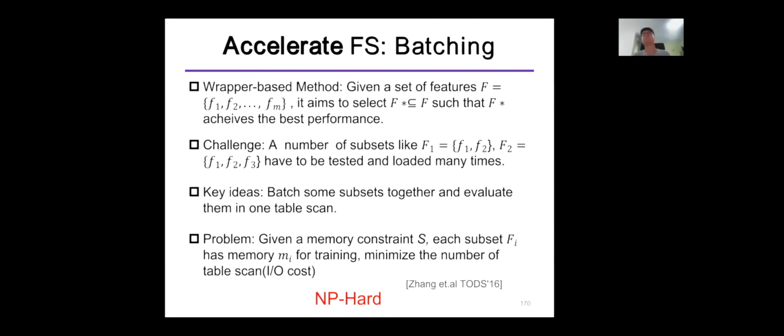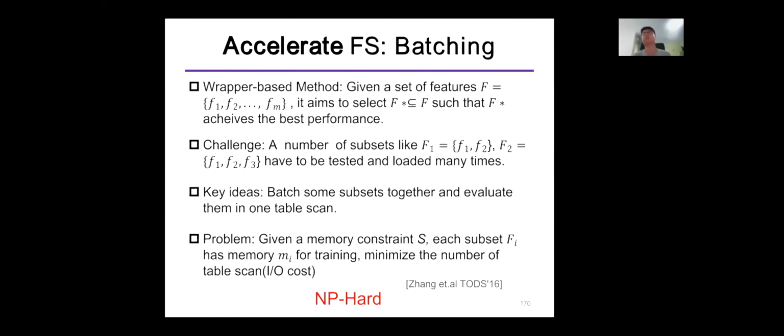The problem is as follows. Given a memory constraint S, each subset Fi has a memory requirement Mi for training. For example, subset F1 may have a memory requirement M1 and F2 has a requirement M2. So different subsets have different requirements.